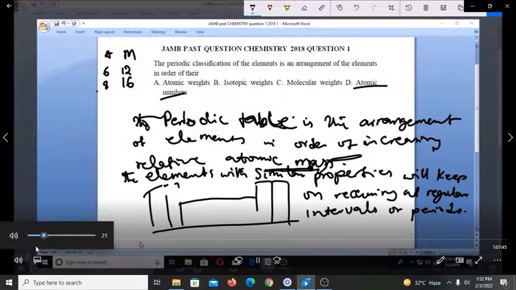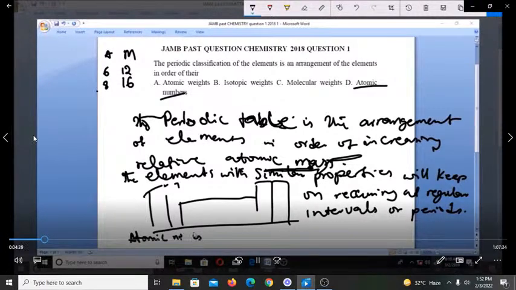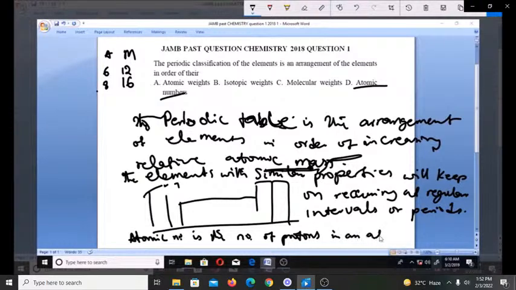Now it's also important to know that the atomic number is the number of protons in an atom. Whenever you hear the word atomic number, what does it mean? Atomic number is the number of protons in an atom.